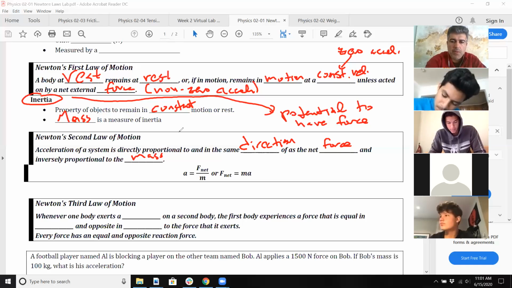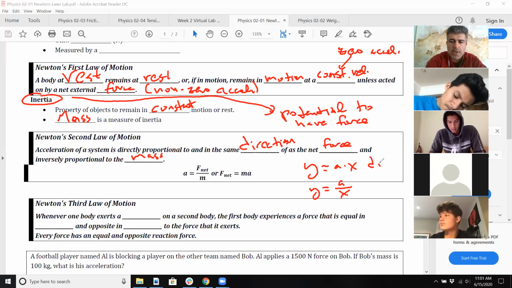You might have remembered learning about this in Algebra 2. So this is called direct proportion, and this is called inverse proportion. You might remember this from Algebra 2.